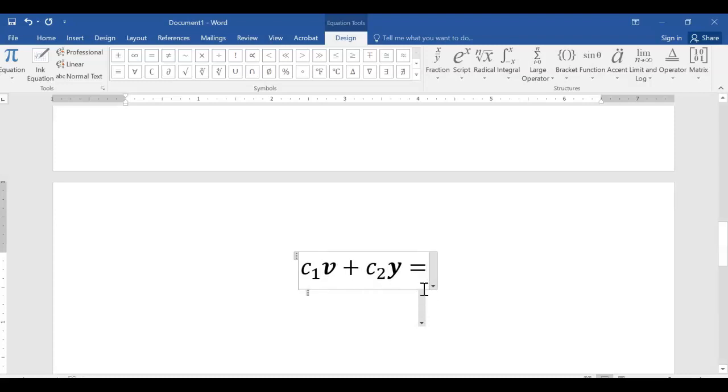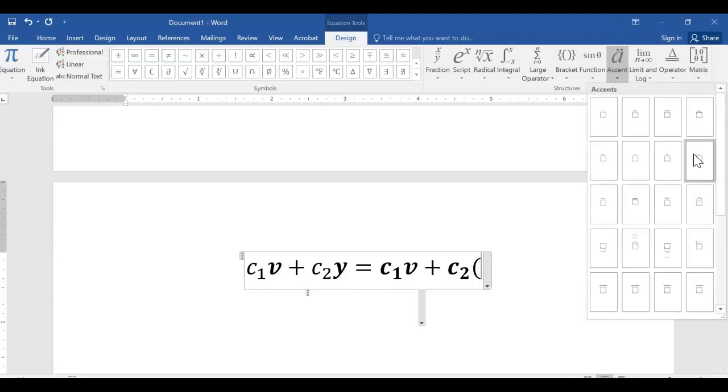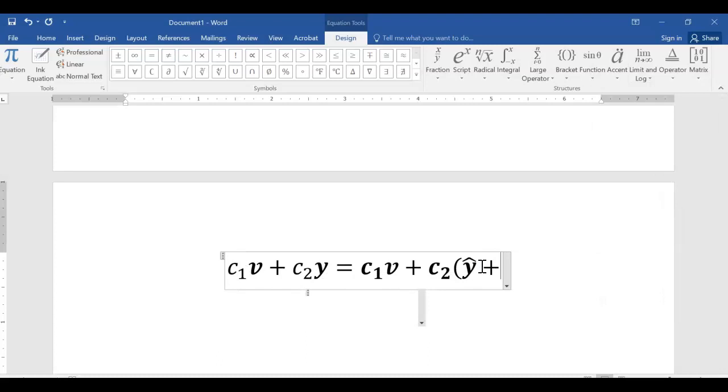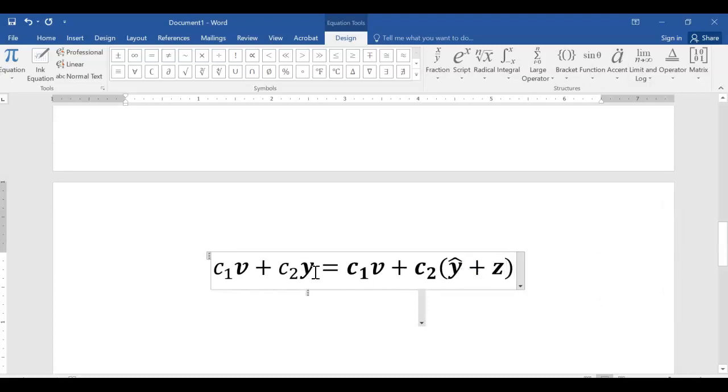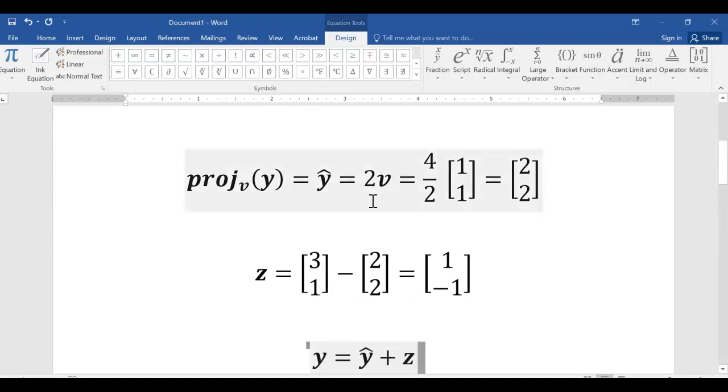Well, that is going to be the same as c1 times v plus c2 times (y hat plus z). So y, as we just saw before, is y hat plus z, and y hat is just 2 times v.